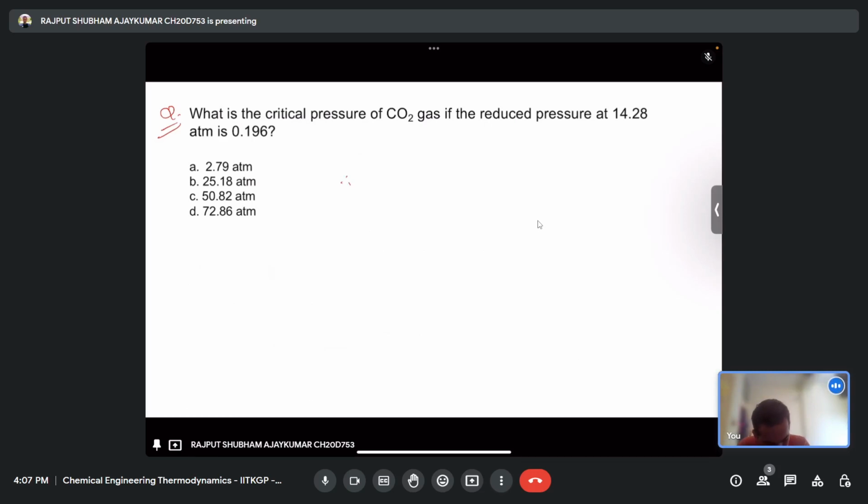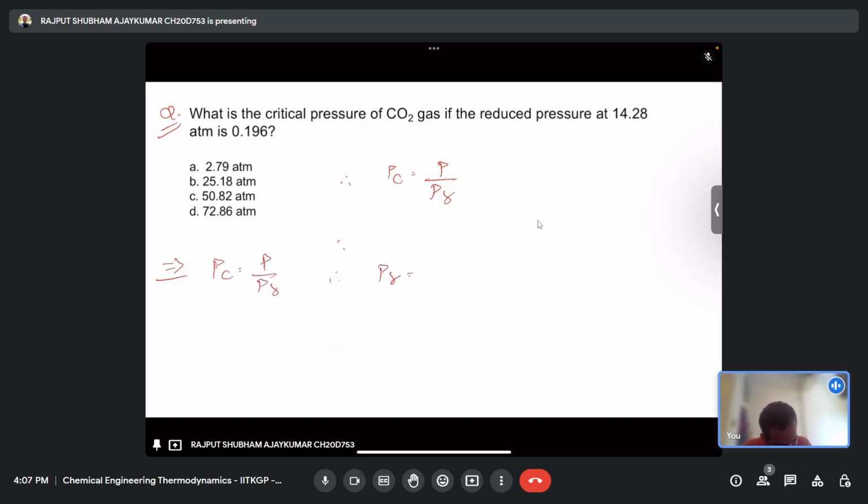So we know that critical pressure is equal to P by PR. Okay, so the critical pressure is the actual pressure divided by the reduced pressure. So we have been given that PC equals P by PR.